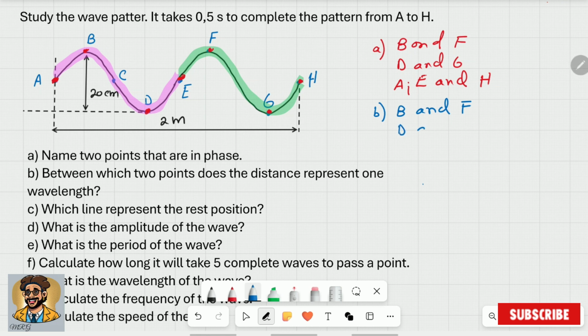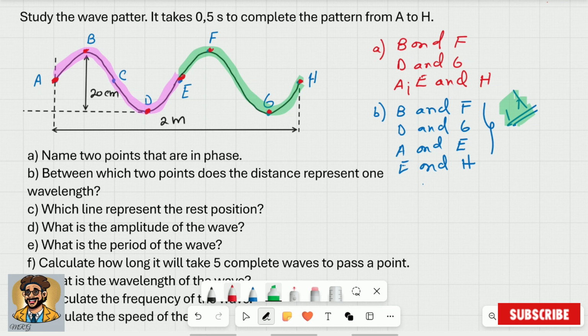Between D and G, that is one wavelength as well. Between A and E, that is one wavelength. Between E and H, that is another wavelength. All this one represents one wavelength. Is that clear, my lovely? Any question there? No? Okay.